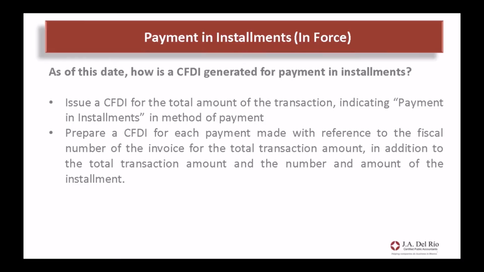Then we also prepare a CFDI for each payment made, with reference to the first invoice for the total of the transaction, each time we receive an installment. This is what we currently do. We are accustomed and familiar to it.